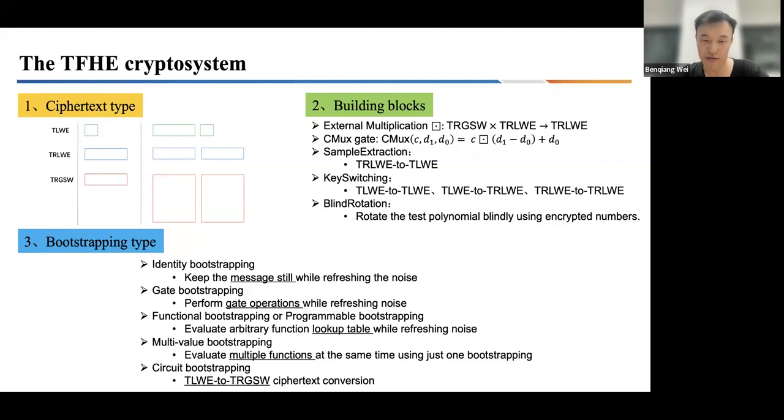And functional bootstrapping, also called programmable bootstrapping. Functional bootstrapping is more powerful because it can evaluate an arbitrary function lookup table while refreshing the noise. And we have an even more powerful bootstrapping called multi-value bootstrapping. Multi-value bootstrapping means that we can evaluate multiple functions at the same time using just one bootstrapping.